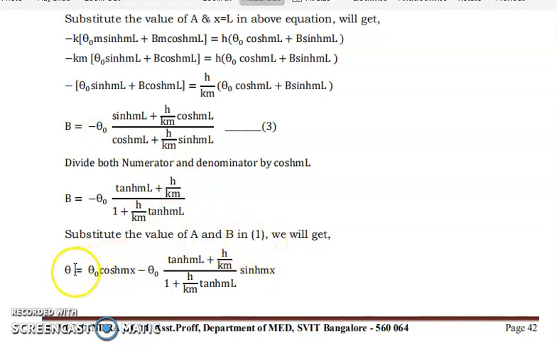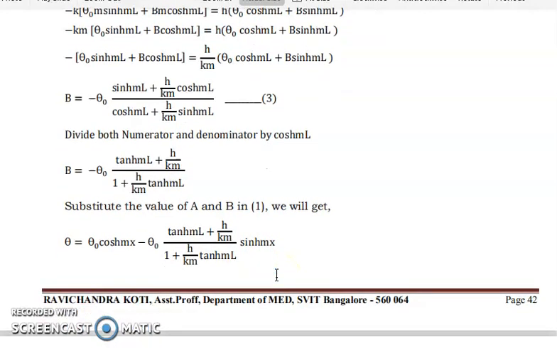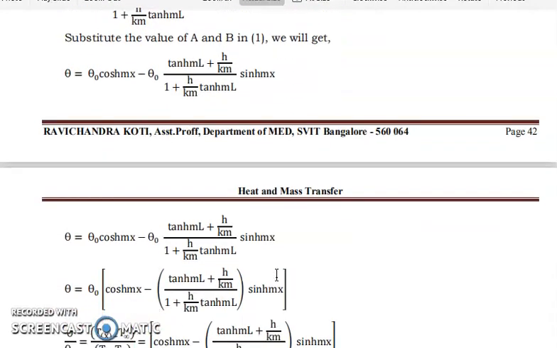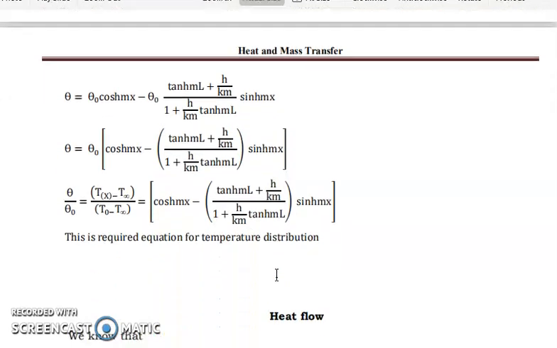We will get that theta is equal to theta naught, a is nothing but theta naught cosh(mx) as it is, and b is nothing but minus theta naught times tanh(ml) plus h by km divided by 1 plus h by km into tanh(ml), into sinh(mx). So next, again we are going to simplify it.